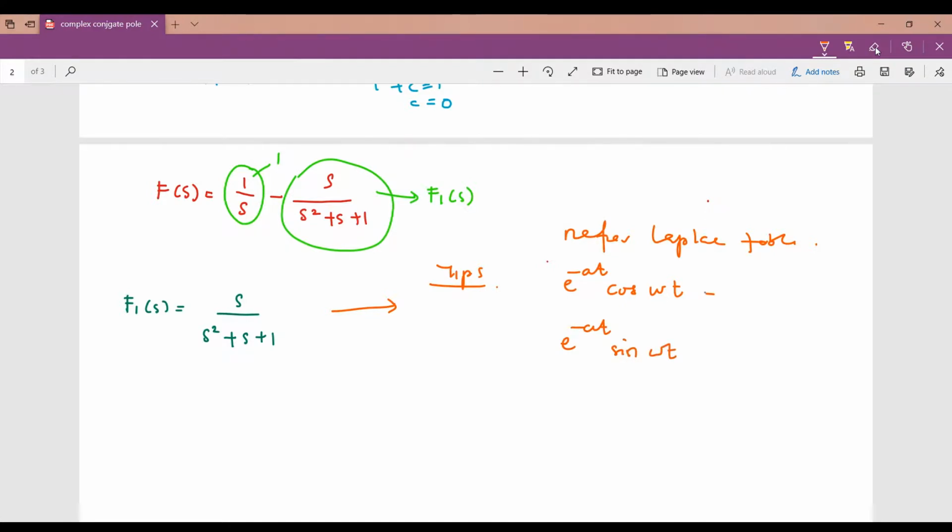For this one, the S domain is s plus a over s plus a squared plus omega squared. For the sine with exponent, it is omega over s plus a squared plus omega squared. So the tip is, if the roots are complex conjugate.